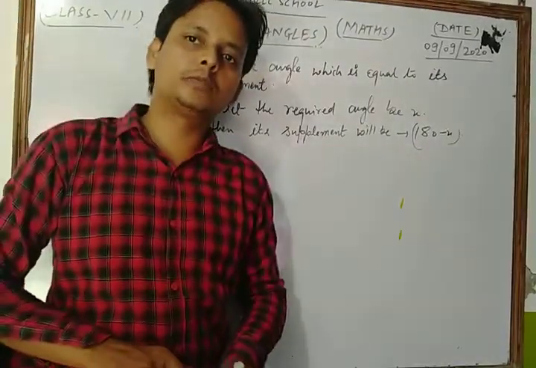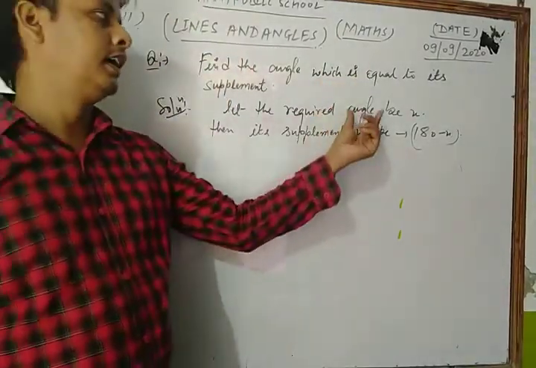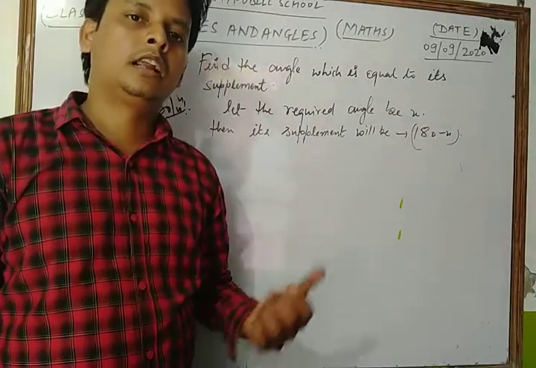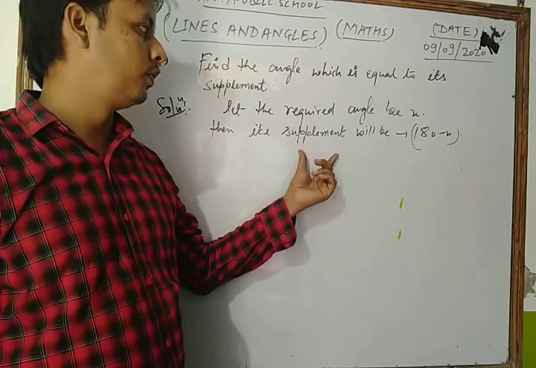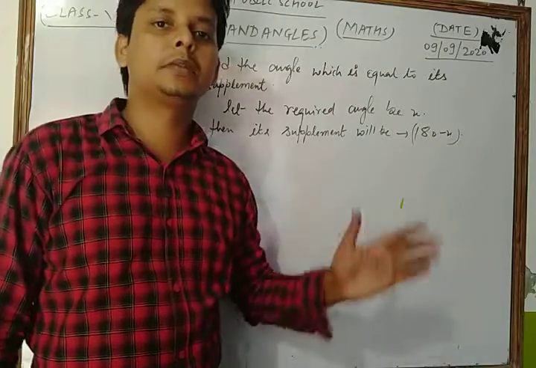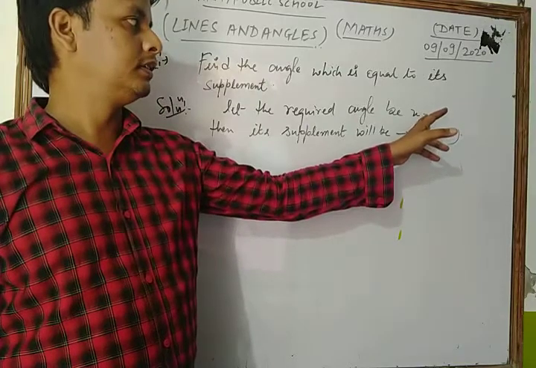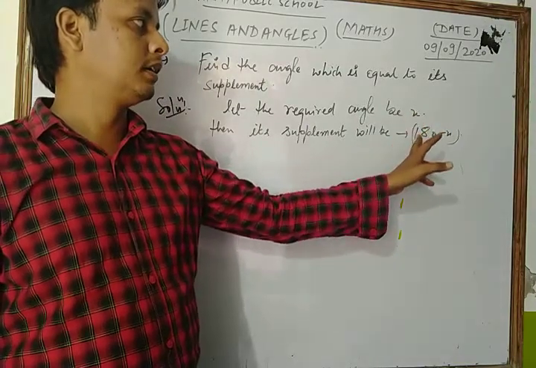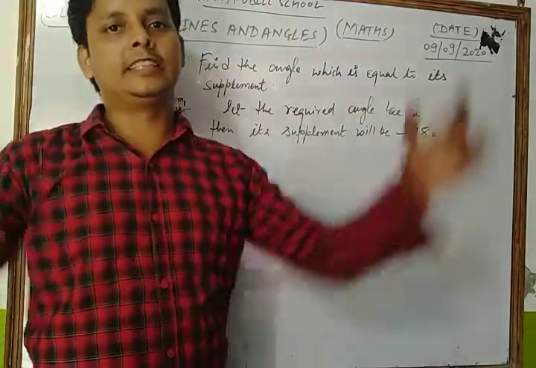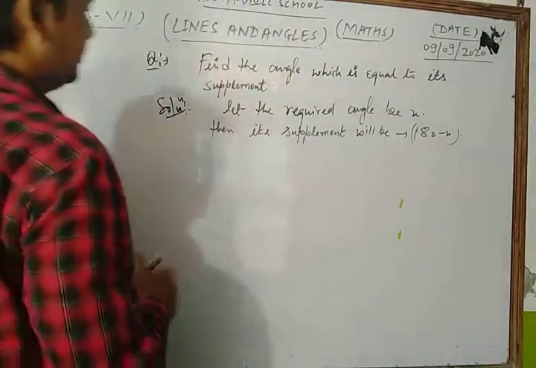Okay, dear students, because here two angles are supplementary to each other, the other angle will be 180 minus x. So their sum of measure is 180 degrees. Dear student, if we add x and 180 minus x, then we get 180 degrees.